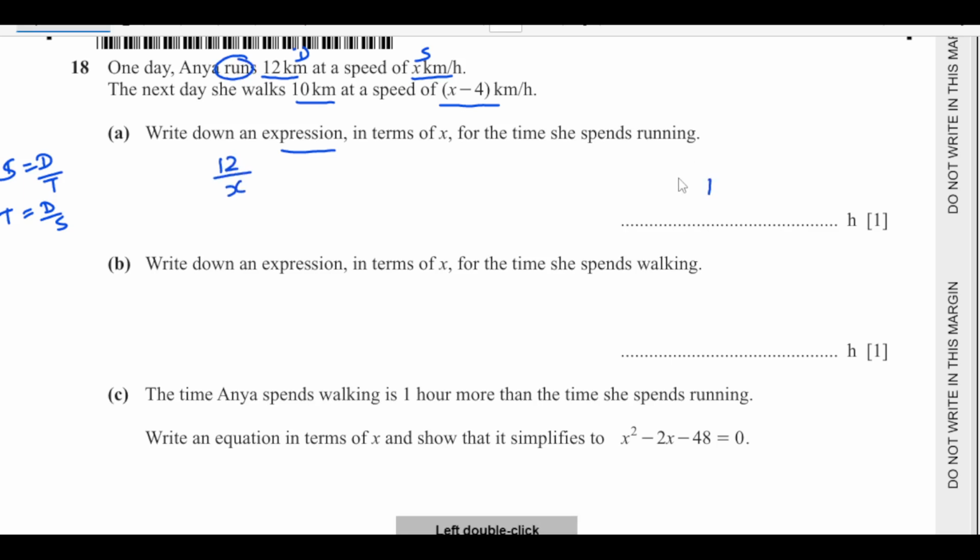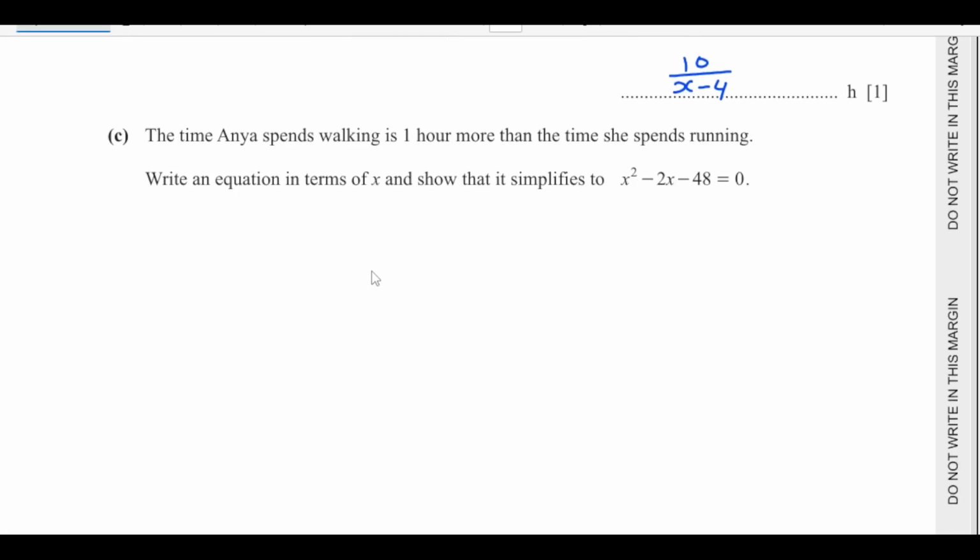So 12/x. Write down an expression for the time she spends walking. Walking is here. She walks, then this is going to be 10/(x minus 4), right?